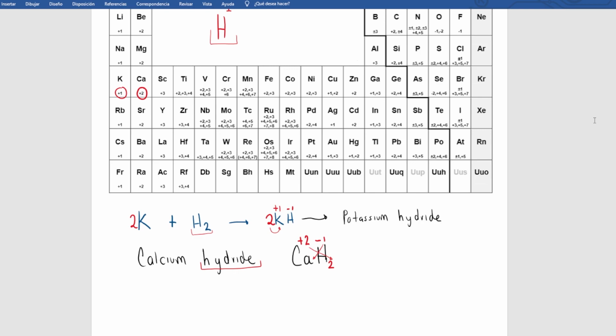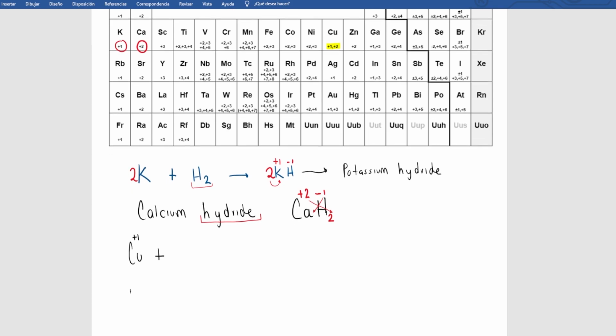What about the transition metals? Let's try to do an example with copper. Copper has 2 oxidation states. So with copper, we'll have copper +1, and we have copper +2. When we make copper react with hydrogen, we have 2 different products.